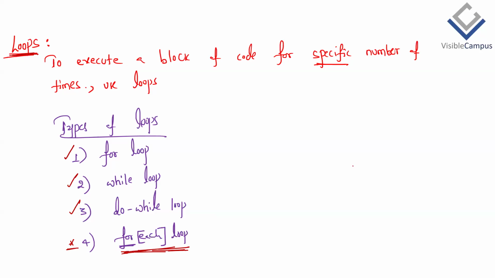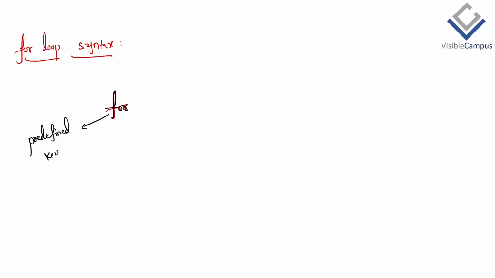To start with, the first one is the for loop syntax. Am I going fast? No. When it comes to for loop syntax, the first thing is for. For is a predefined keyword. Then parenthesis.